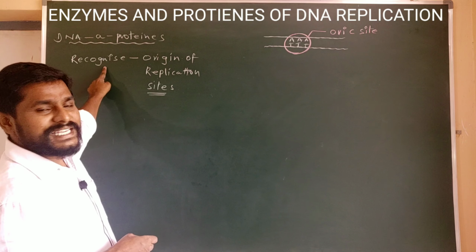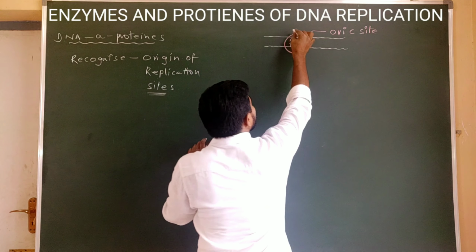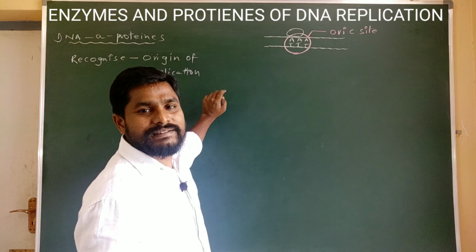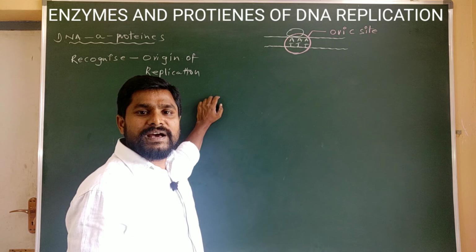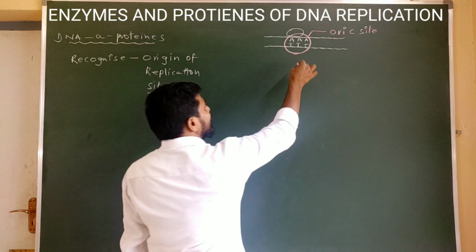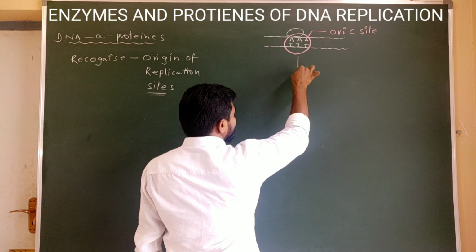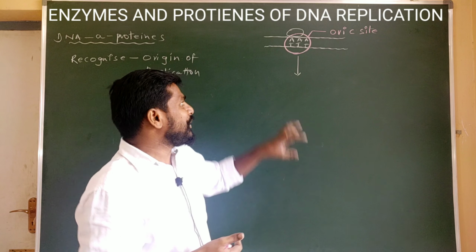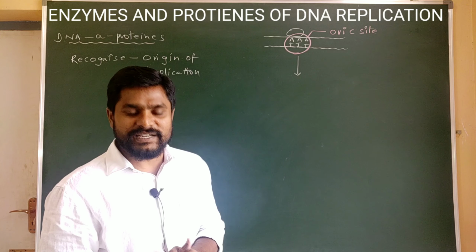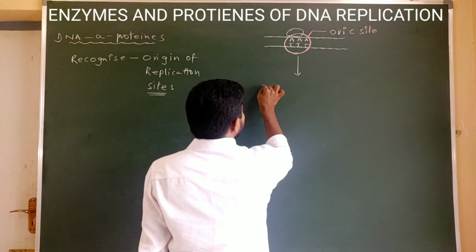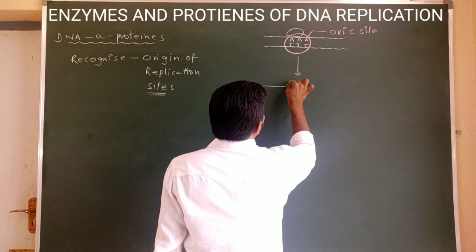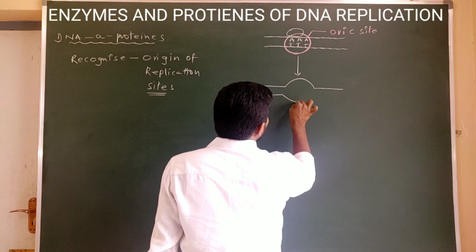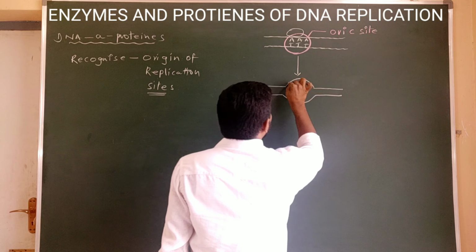What I told, the DnaA proteins recognize origin of replication sites on the DNA molecule going to be involved in replication. Besides recognizing the origin of replication sites, the DnaA proteins are also involved in cleaving the hydrogen bonds of origin of replication sites, so that by the action of these DnaA proteins a replication bubble will be formed, where this replication bubble consists of unpaired nucleotides.